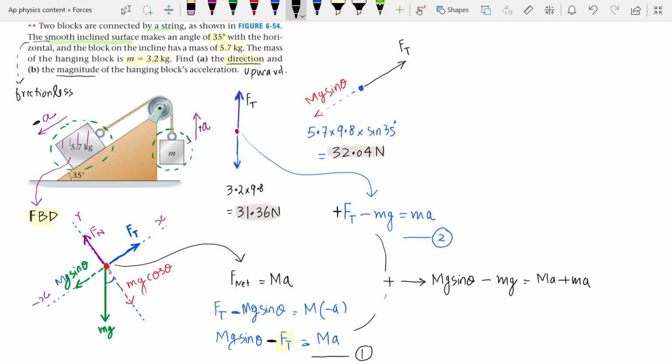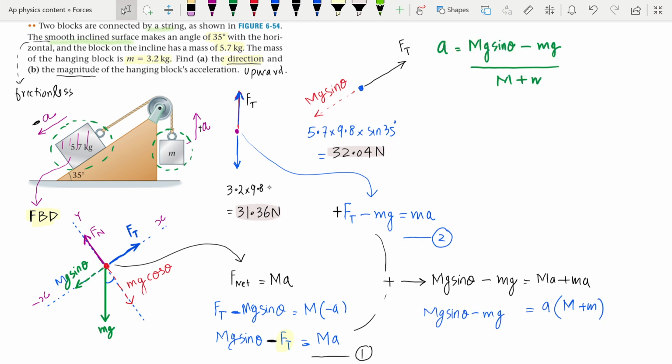Because we are adding up. Moreover, we can take the acceleration common from here, and the rest of the things as they are. So you can see we have made an equation. Now we just have to plug in the values.